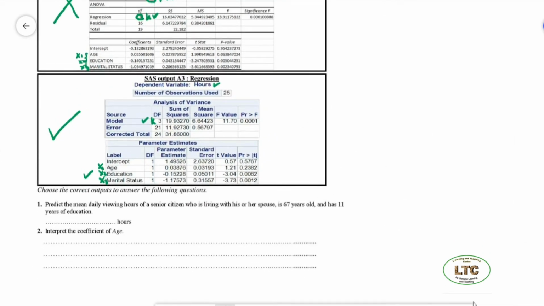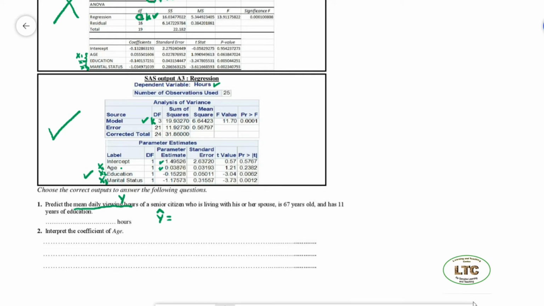Predict the mean daily viewing hours of a senior citizen. So we have to predict this one, y. So y hat is a, where is a? Here, x1, b1.